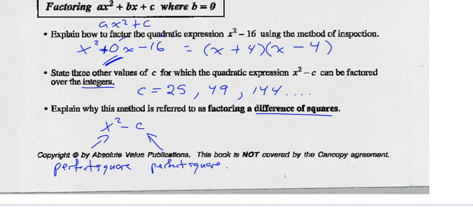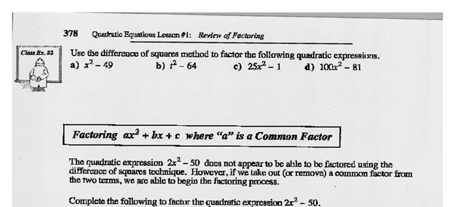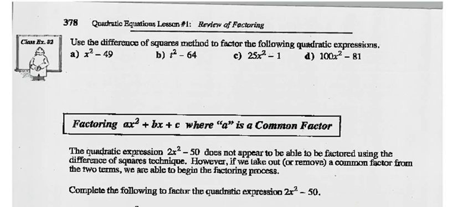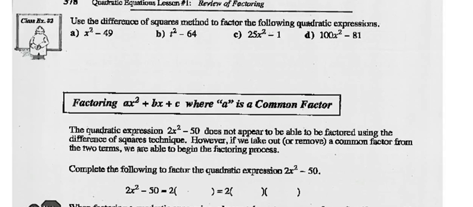So if both those terms are perfect squares, we're going to factor as a difference of perfect squares. Difference because there's a subtraction sign between. We can never factor a sum of squares, only a difference of squares. So use a difference of squares method to factor the following quadratic expressions. A quadratic expression is an expression that has a degree 2.